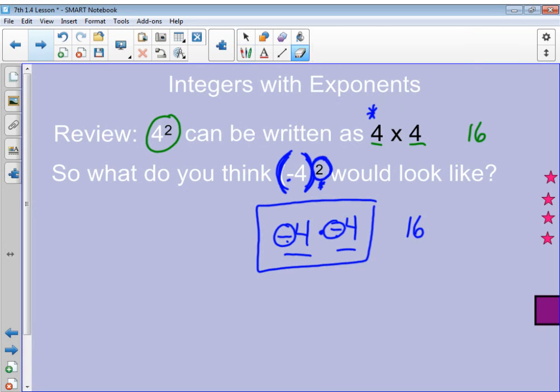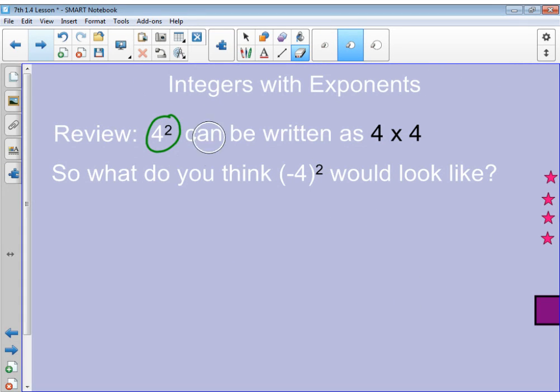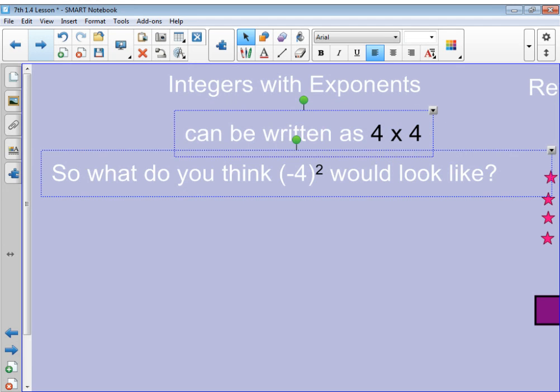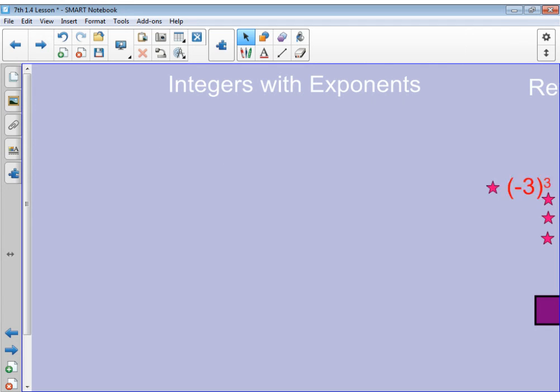So let's try a few of these. How about this one? Negative 3 in parentheses to the third.